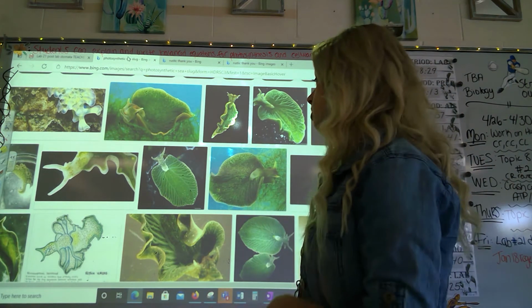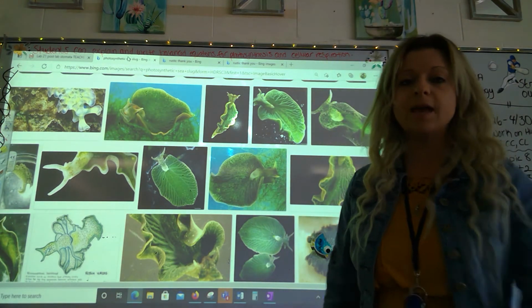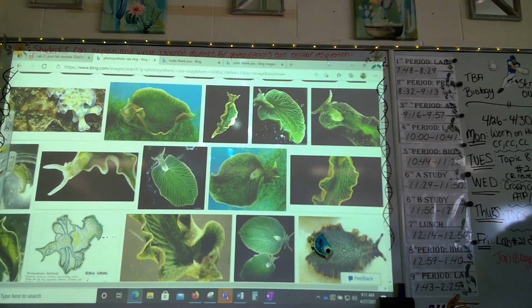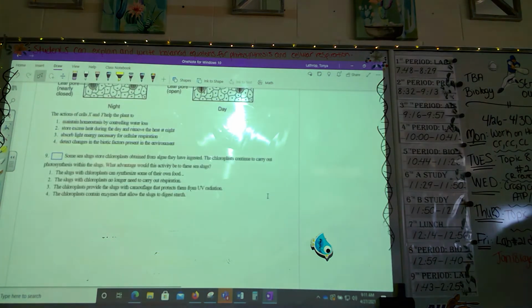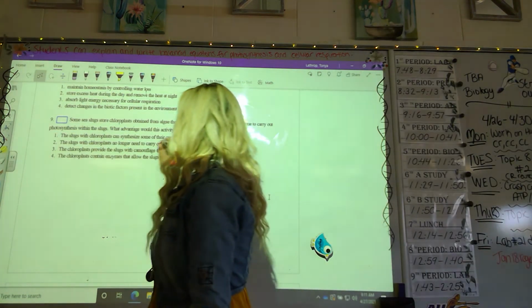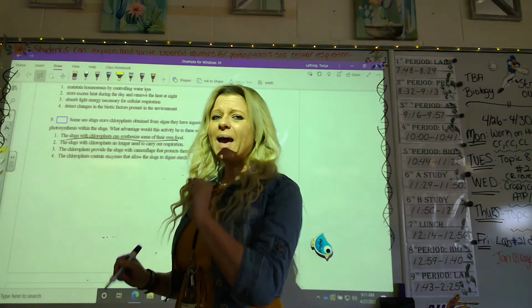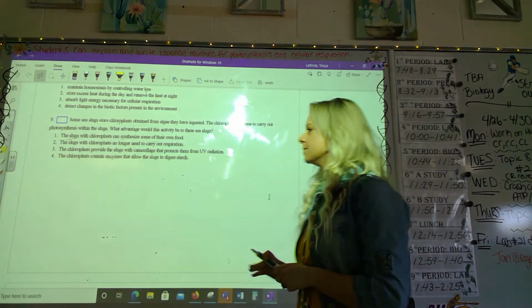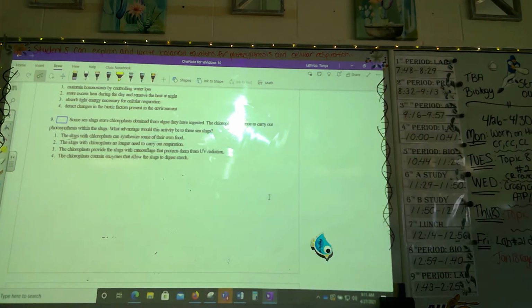They are then considered an autotroph because they can make the sugar. So going back to this question, we would have to say that it would be number 1. The sea slugs with chloroplasts can synthesize, which means to make some of their own food. Okay, so number 9. All right.